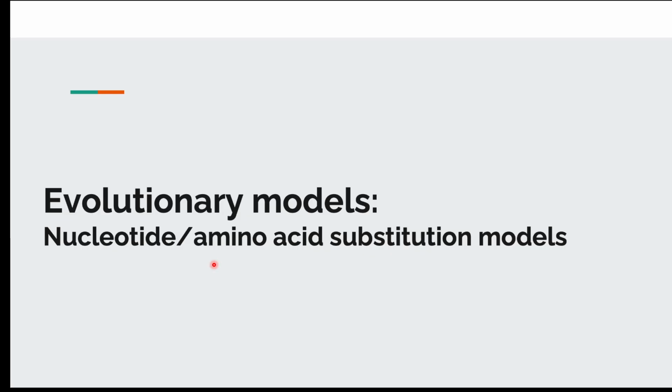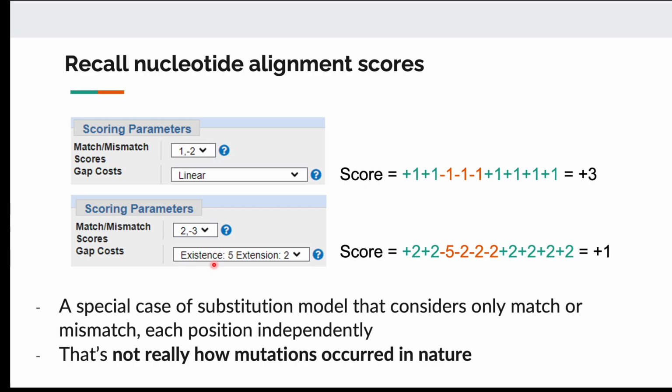Like how likely it is to see an A mutate into a different nucleotide, for example. And we actually have seen this before, but under a different name. We have seen sequence alignment scoring. A match is +1, a mismatch could be -1 or -2. We have seen it before.